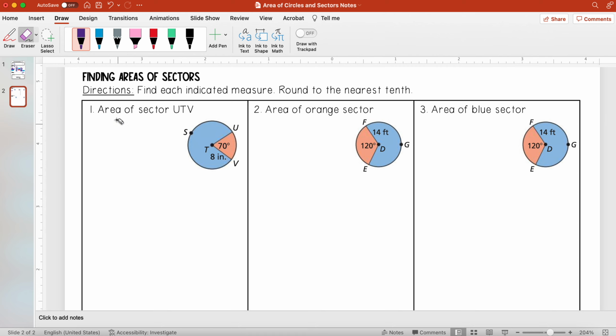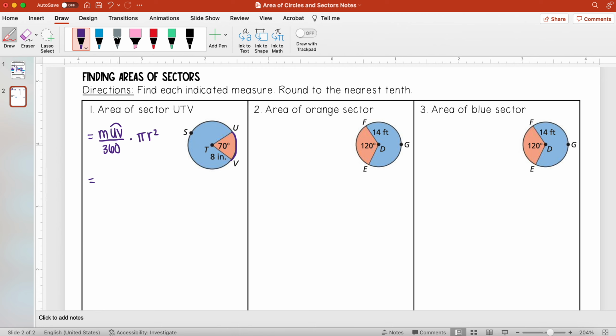The area of sector UTV is just going to be equal to the measure of UV, because that is my intercepted arc here, over 360 times pi r squared. And that's the formula that we looked at on the previous page.